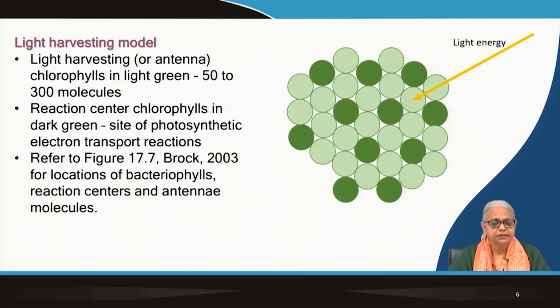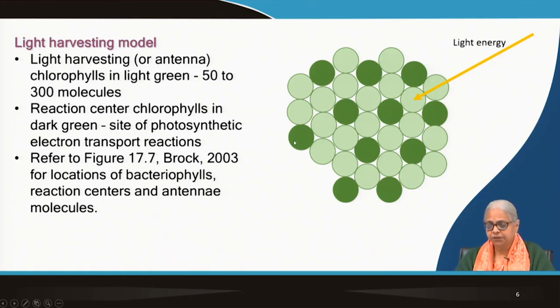Now we come to the light harvesting module. How is the plant or the photosynthetic bacteria, algal cells, harvesting light? There are two types of molecules that are present. The reaction centers are proteins that are fixed in the cytoplasmic membrane, and the antennae chlorophylls, which are shown over here in light green color.